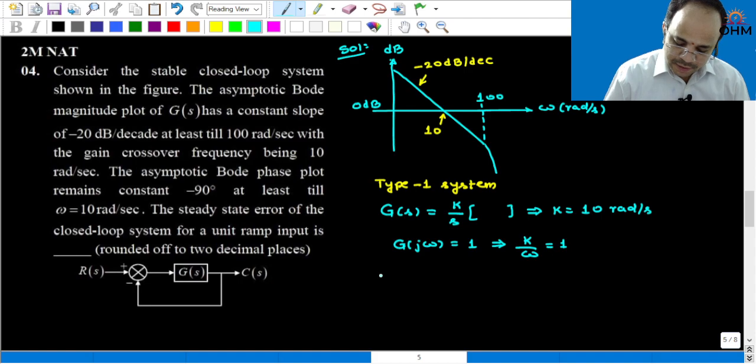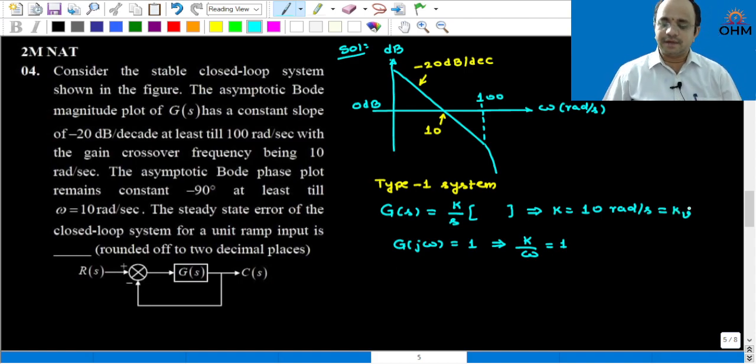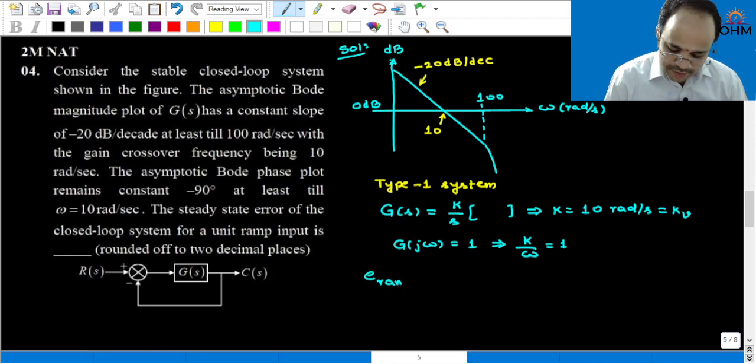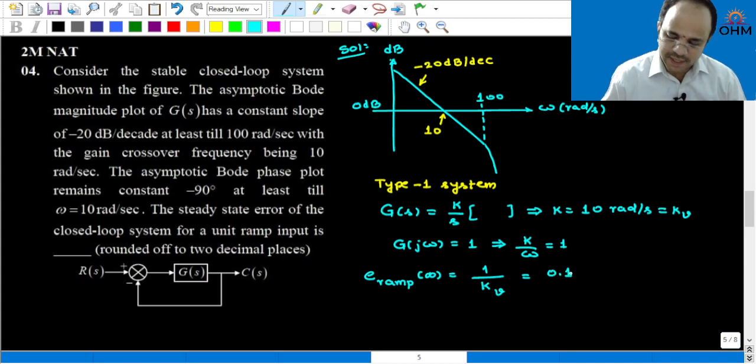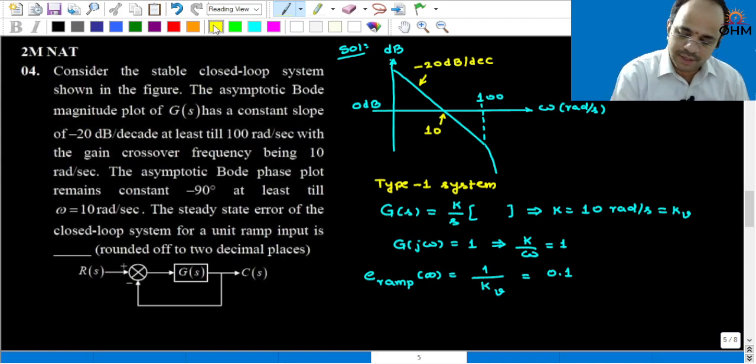Now this K, you can also consider as Kv, the static error constant. Why? Because Kv is simply limit s tends to 0, s into G(s). So that s will cancel out, and finally you will be left with Kv equal to K. Now, under this condition, what is the steady state error for a unit ramp input? That value will be 1 by Kv, and as K is equal to 10, 1 by Kv will be 0.1.